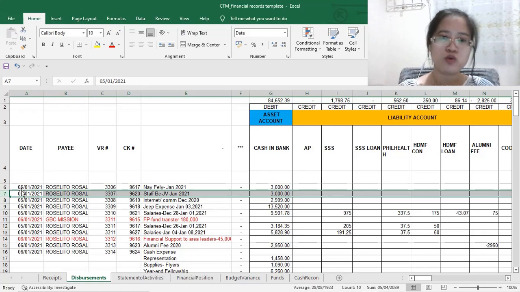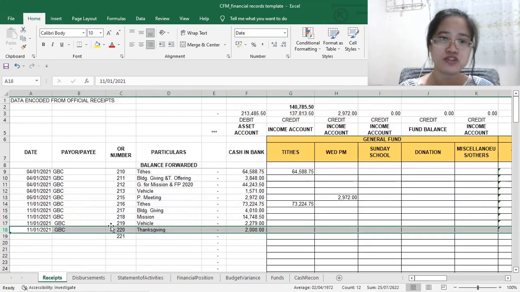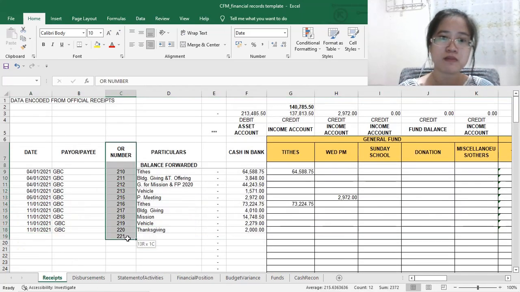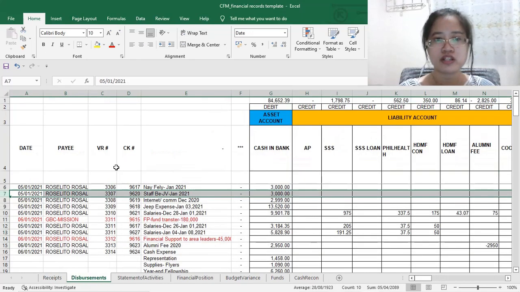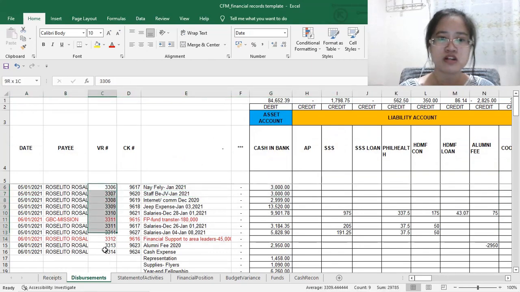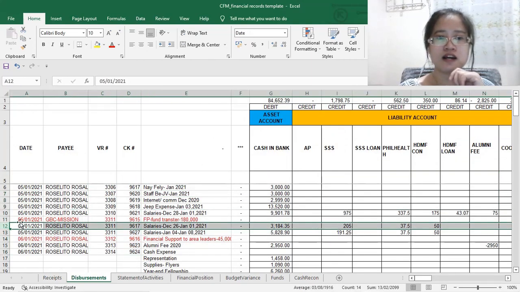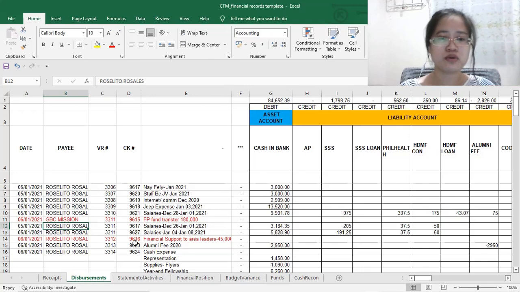Okay, one thing, for official receipts, again, this must be properly numbered, so they do check if they are properly numbered. And then for the voucher number, the same. For the check, it's the same. So let's say the bookkeeper preparing the voucher and the checks made a mistake, so they canceled voucher number 3311.